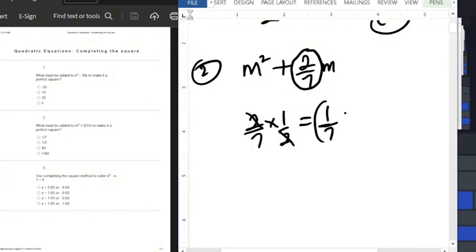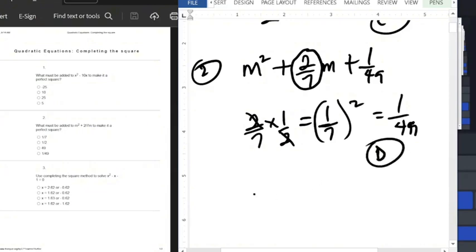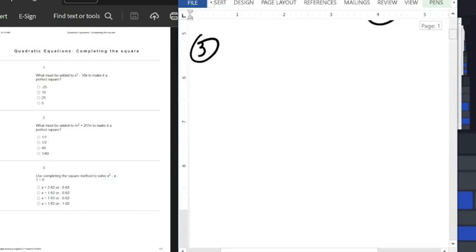Then we square it, and the square of it will be 1 over 49. So plus 1 over 49 will make this expression a perfect square. And that is option D.